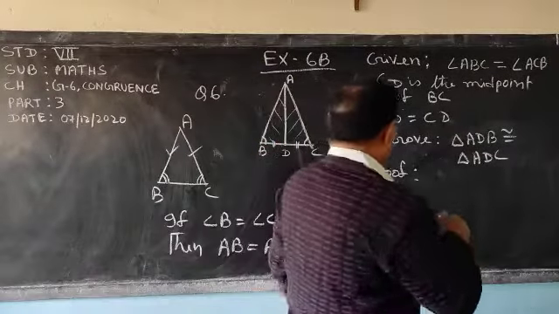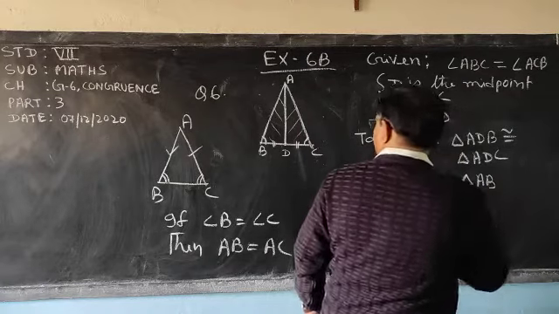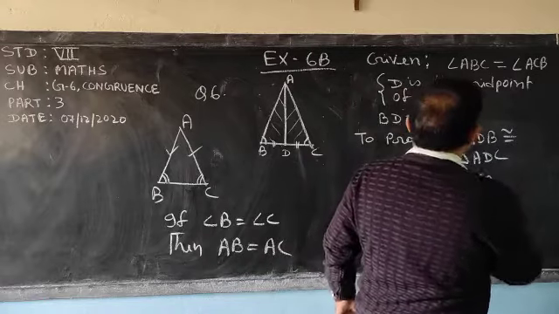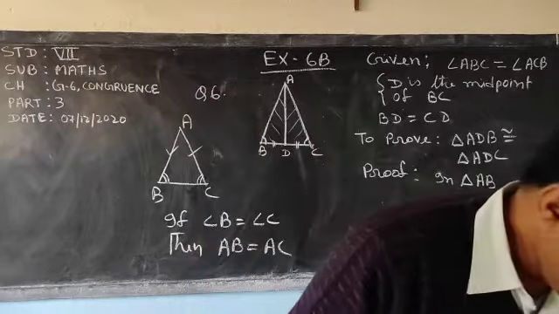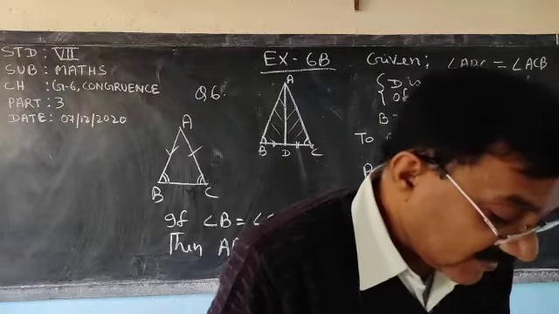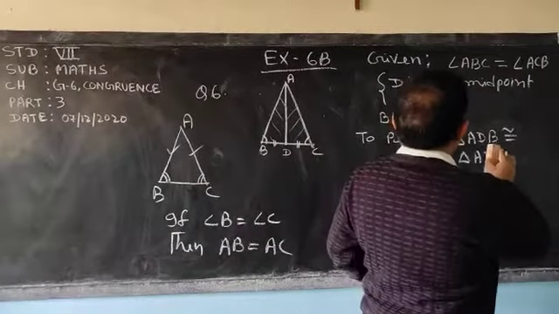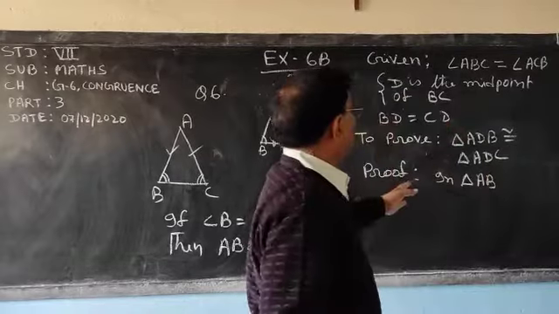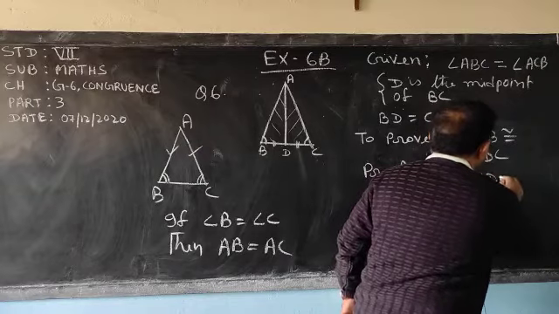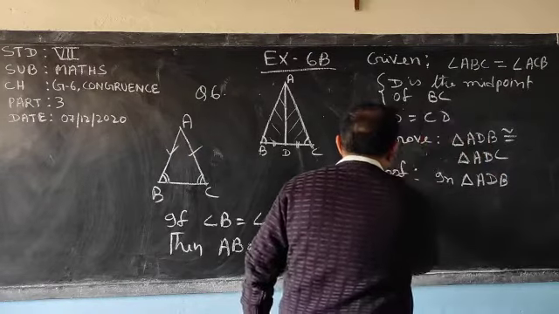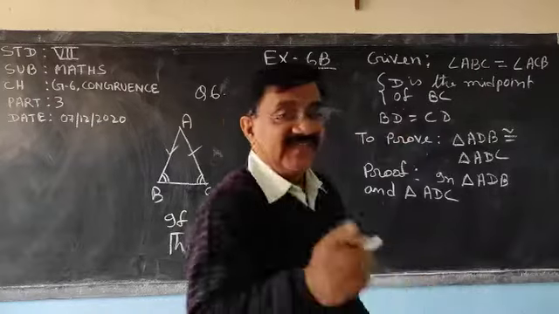So you will write: in triangle ADB and triangle ADC, how many things will we search?